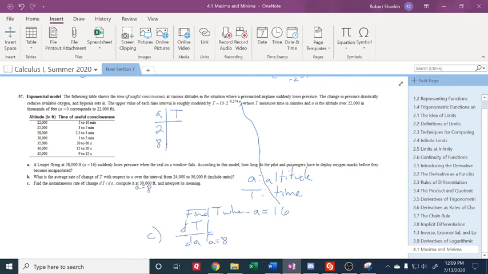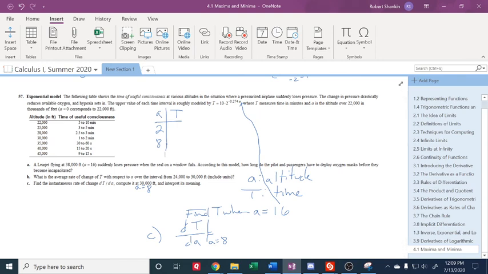It's kind of complex when it says in thousands of feet. All right. So, for instance, that's why I knew that when it's 30,000 feet, that's 8,000 feet more than 22,000. So if A is 0 at 22,000, then A would have to be 8 at 30,000, because it's 8,000 feet more than 22,000.